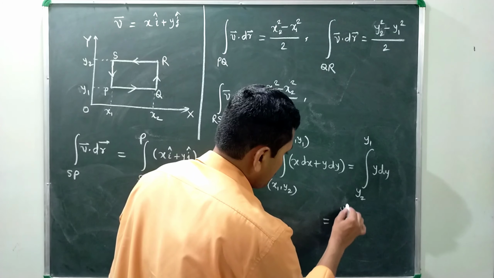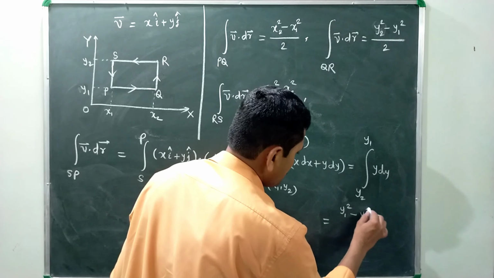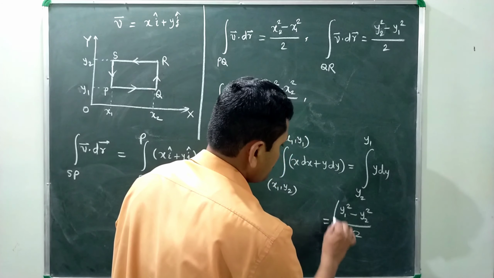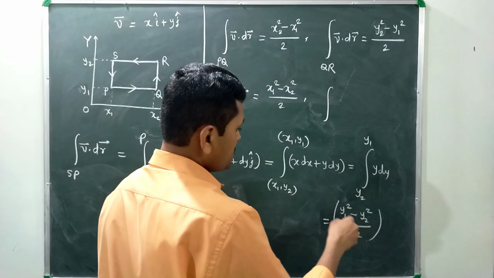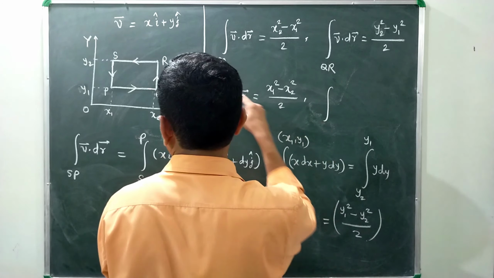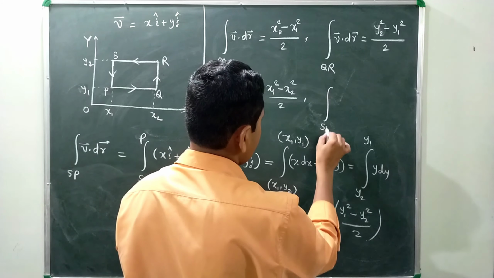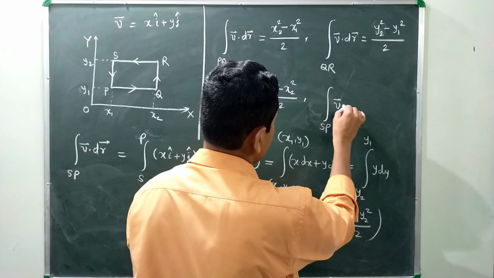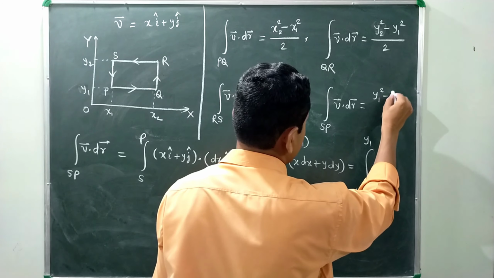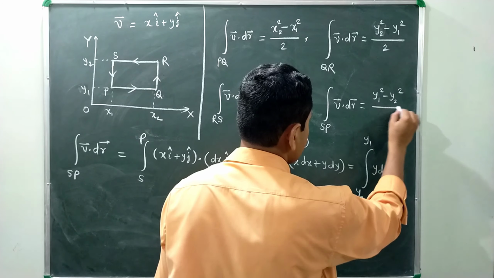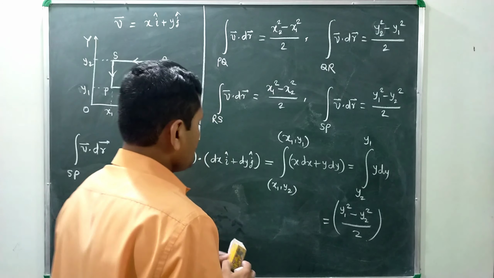So we will have y1 square minus y2 square upon 2. So this is the value of our fourth integral, which is the integral over SP. So the integral over SP will be equal to y1 square minus y2 square divided by 2.